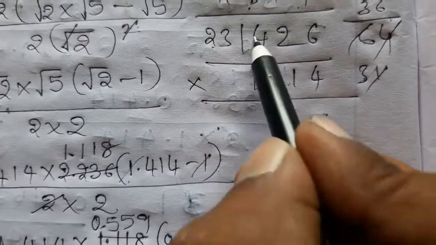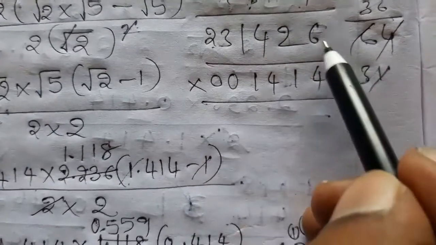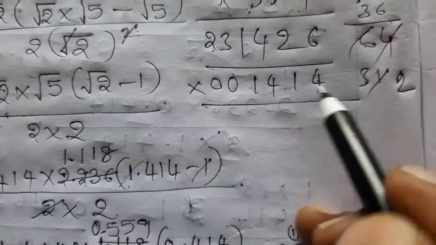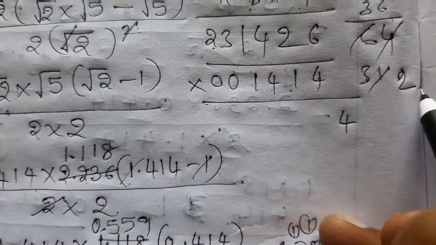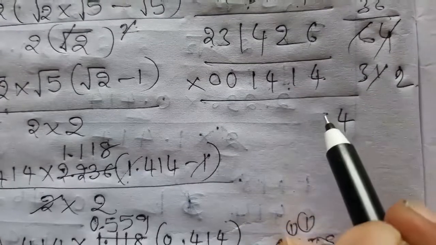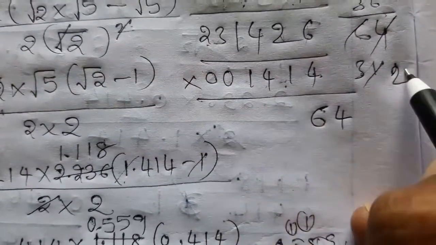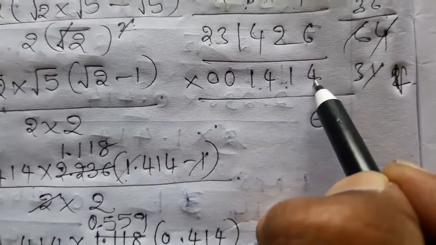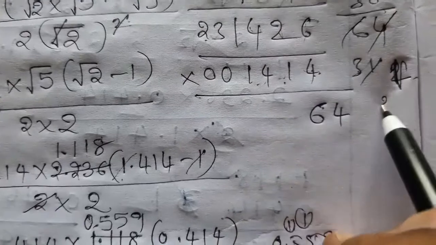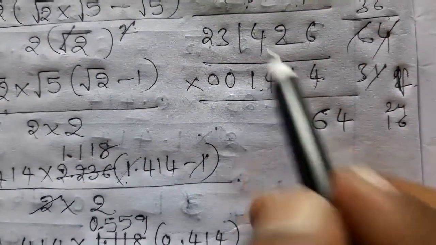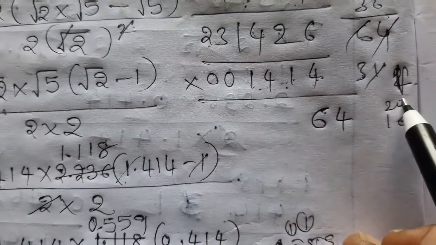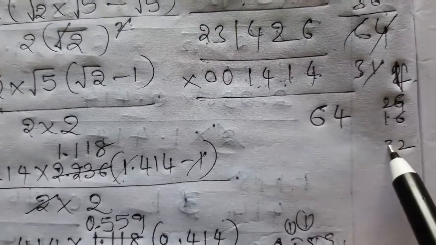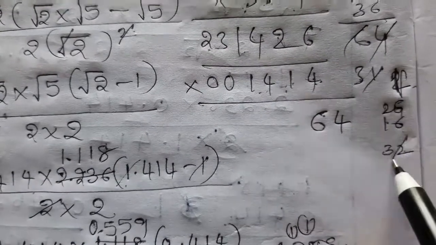Put 2 zeros here. 6 4s are 24, 4, 2 is there. 1 6 is 6, 6 plus 2, 8, 2 4s are 8, 8 8 16, write 6, 1 is carry. 6 4s are 24, 4 4s are 16, 24, 16, 2 1s are 2, 26, 6 6 12, 32 plus 1 33.